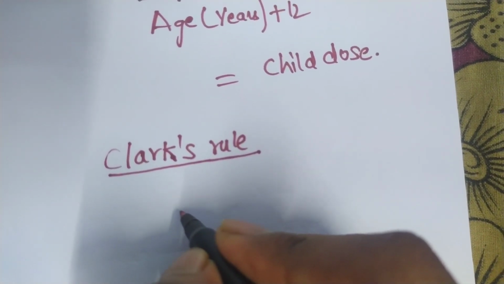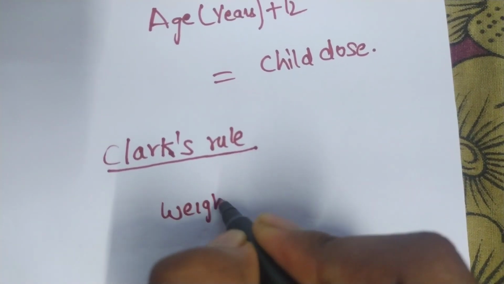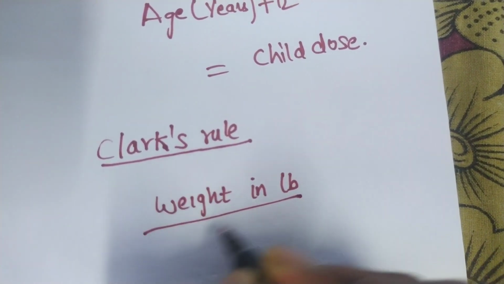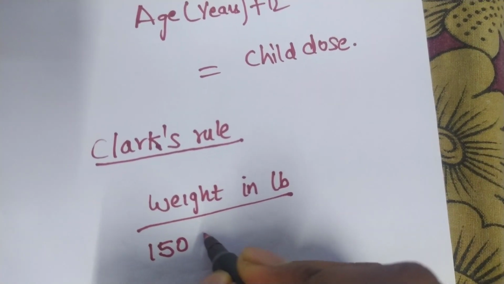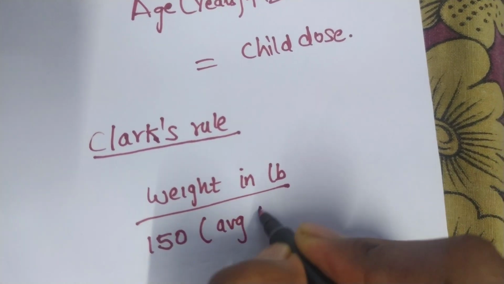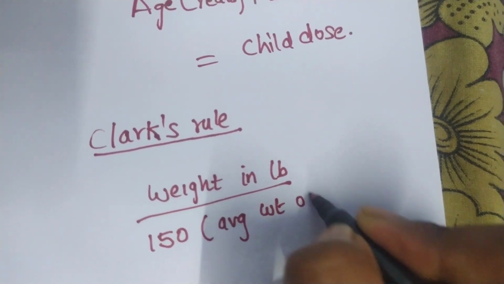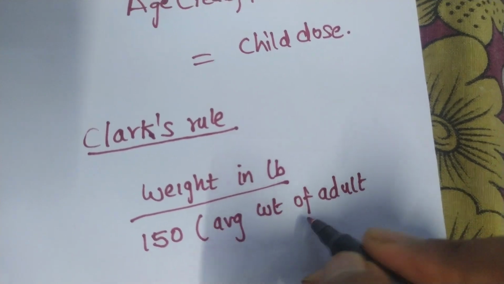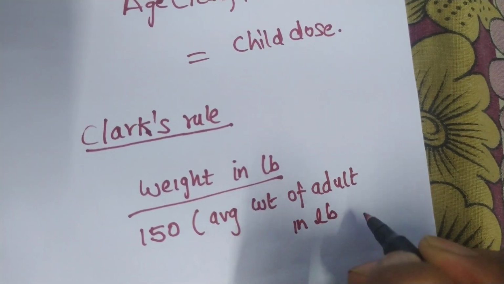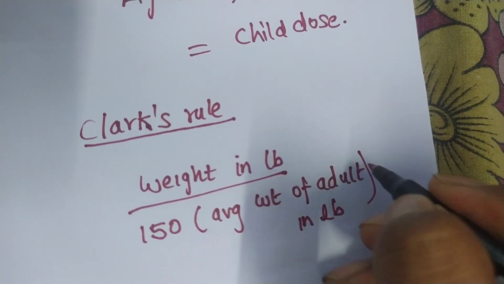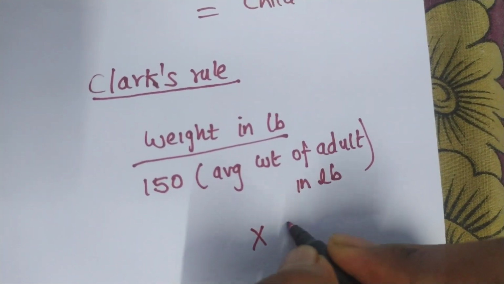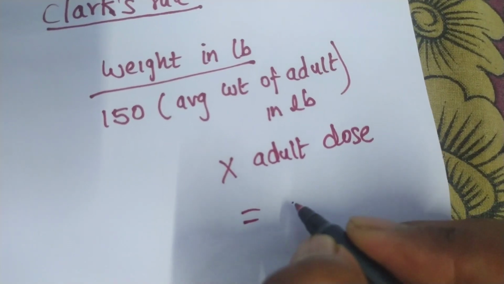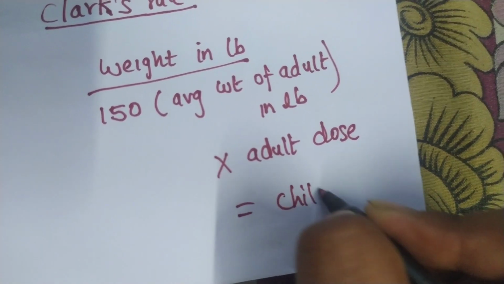The formula is weight in pounds, that is LB, by 150, the average weight of an adult, that too in pounds, LB, into adult dose, which gives the child dose.